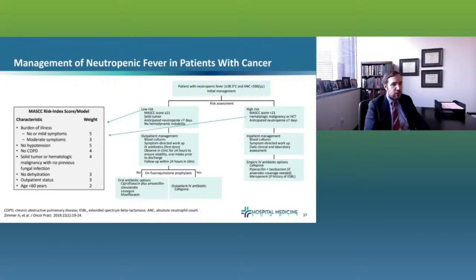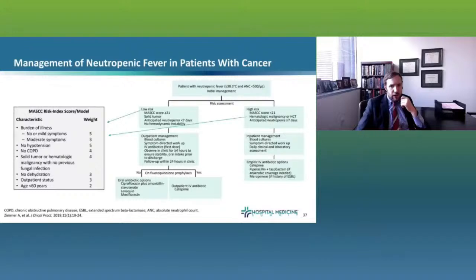Solid tumor or hematologic malignancy with no previous fungal infection, no dehydration, outpatient status, less than 60 years. So, and all of these have different weights. And a high score, so MASCC greater than 21 is low risk, and MASCC less than 21 is going to be high risk. So that is the beginning of your triage assessment for these patients with neutropenic fever.